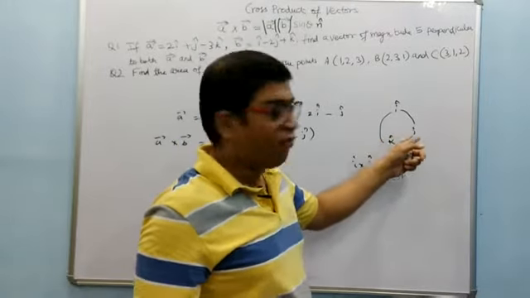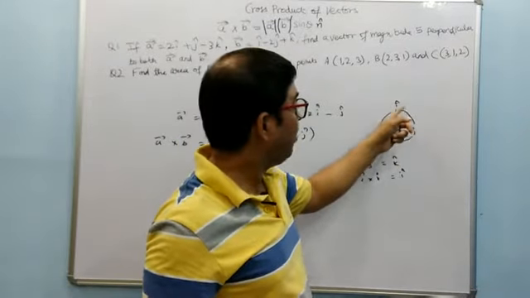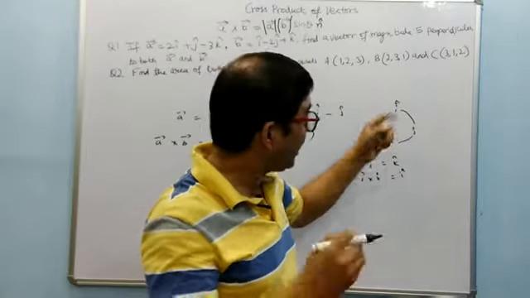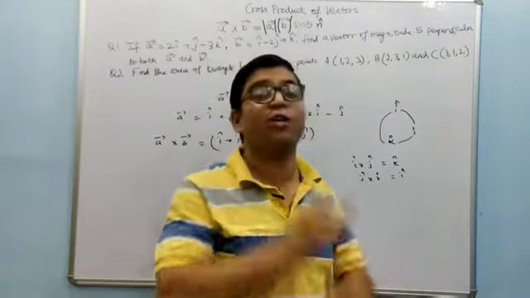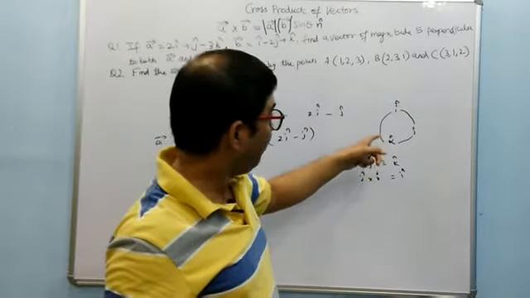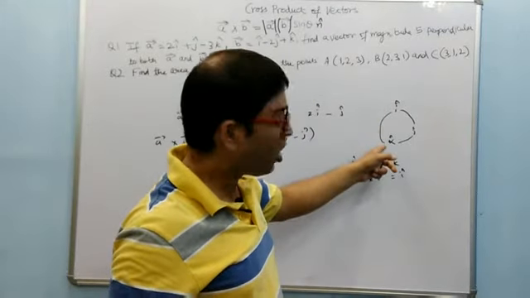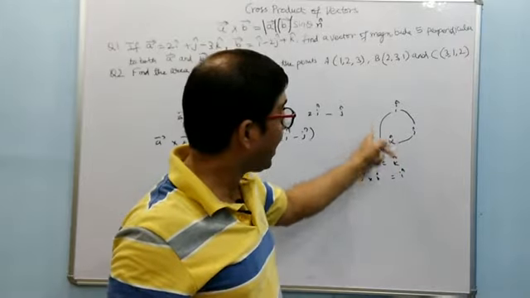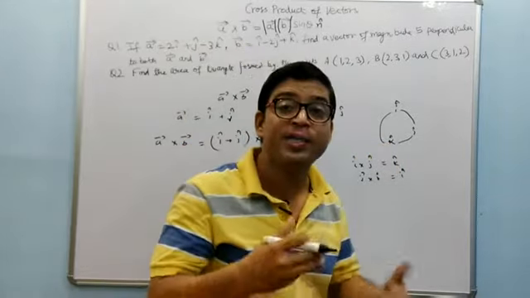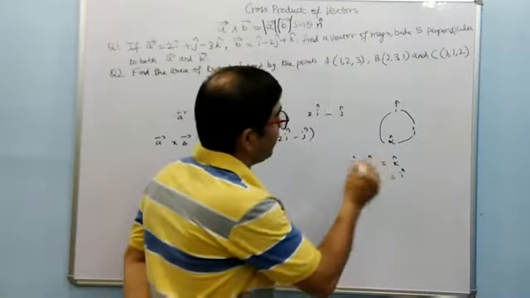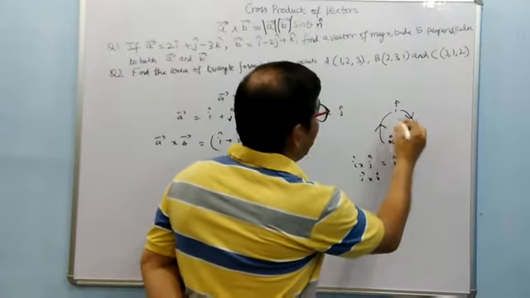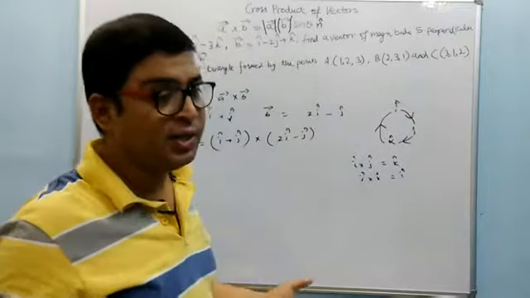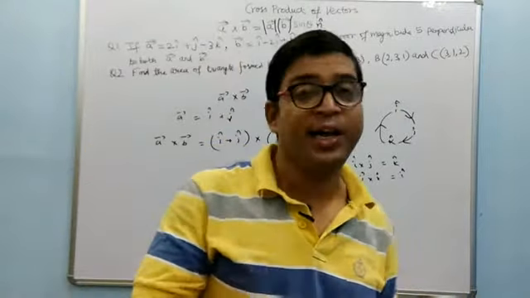But if we have to find j cap cross i cap, that won't be k cap, that will be minus of k cap. If it is i cap cross k cap, it won't be j cap, it is minus of j cap. So just remember this thing. We are moving in anti-clockwise direction, and if the order is reversed, the resultant is in negative sign.